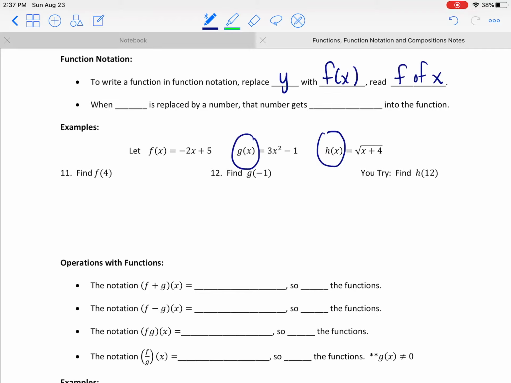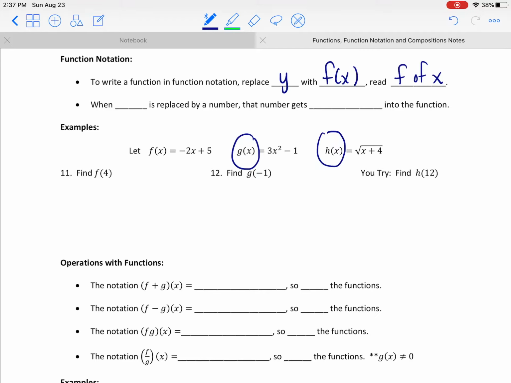The purpose of function notation is to help us distinguish between different functions. If I am just looking at one function, it doesn't really matter if we use a y or if we use function notation. But if you're dealing with a situation where you have 2 or 3 functions and you're trying to make comparisons, if they're all called y equals, it's kind of hard to distinguish between what's what.